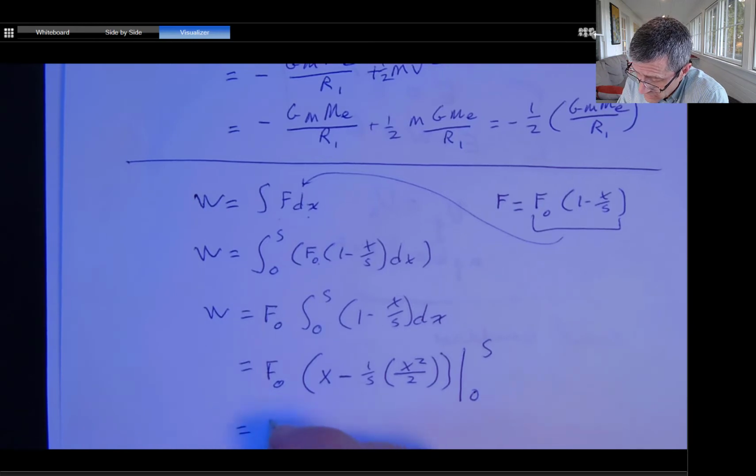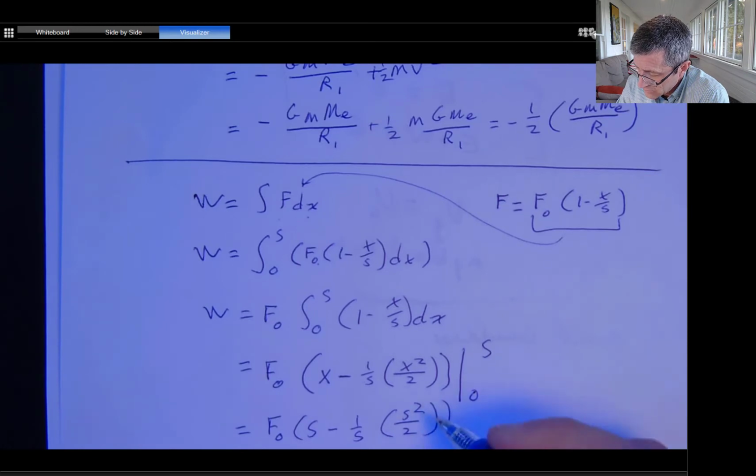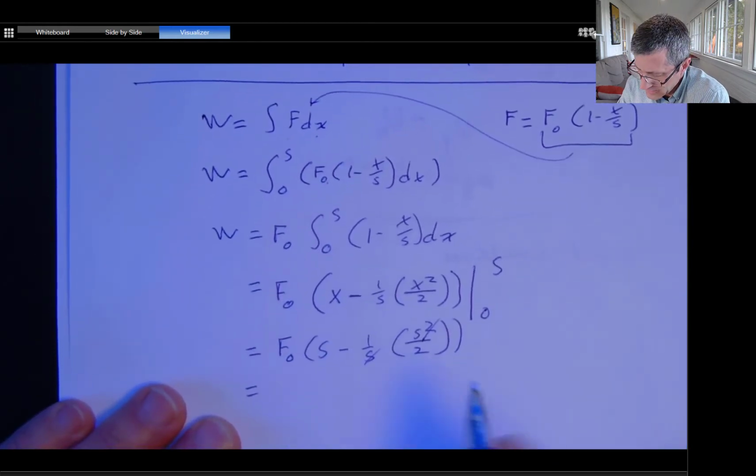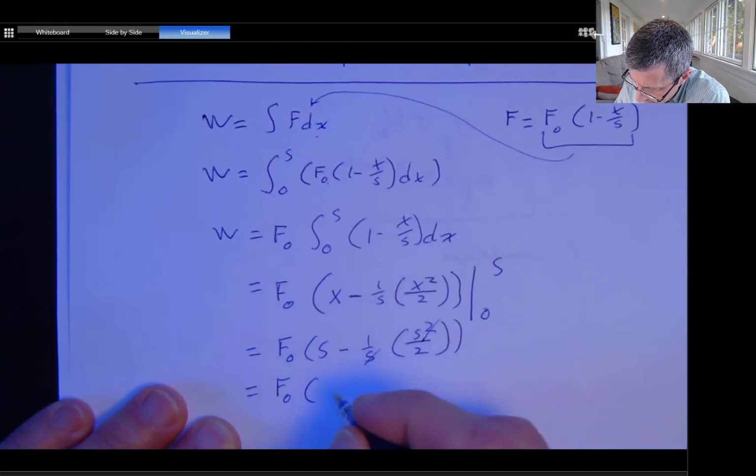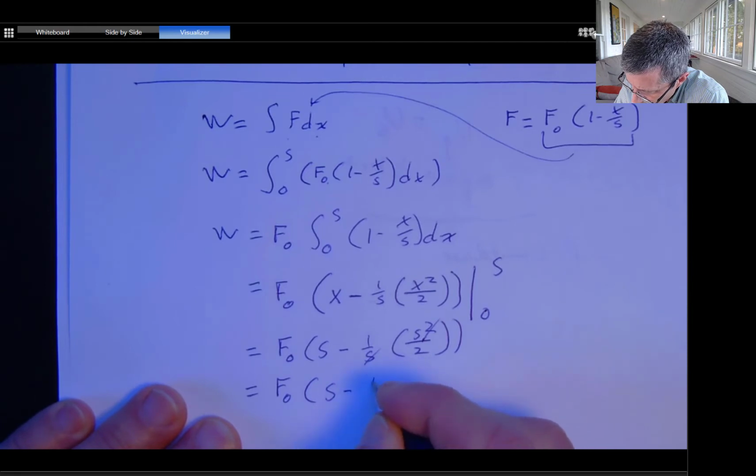So this is going to be F naught times s minus 1 over s times s squared over 2. Notice this is going to cancel once, so this is the same as F naught times s minus 1/2 s.